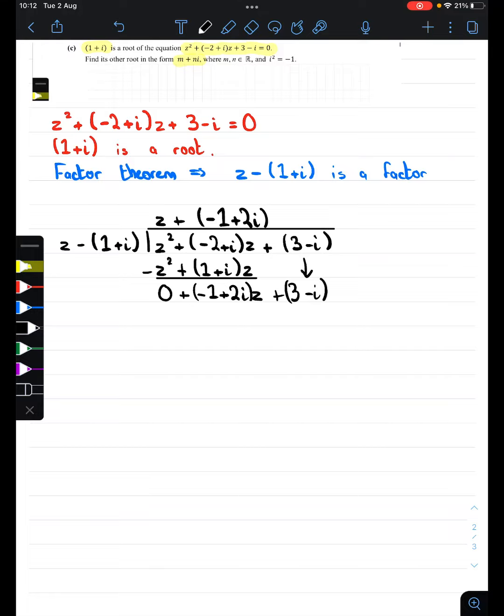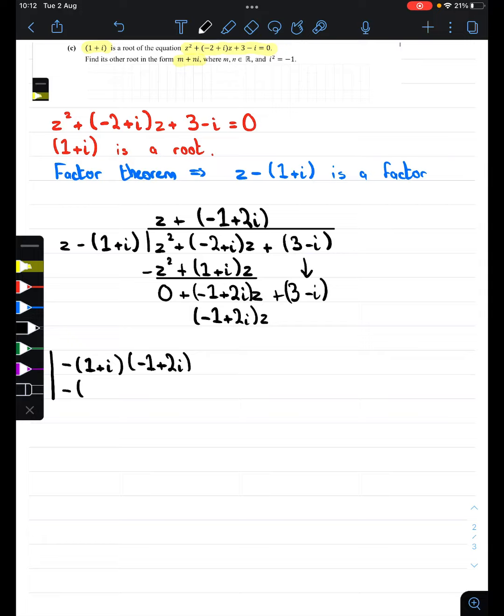And now if we multiply that back, we get (minus 1 plus 2i) z, and then we multiply minus 1 plus 2i by minus 1 plus i. Let's just do that here. Minus 1 plus i by minus 1 plus 2i. And now we'd like it to be 3 minus i.